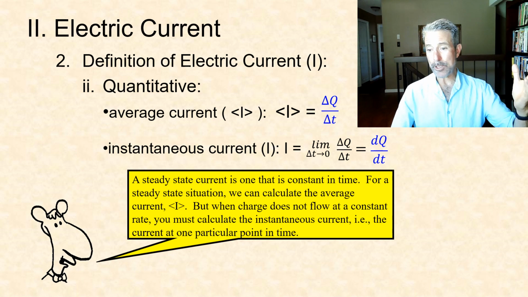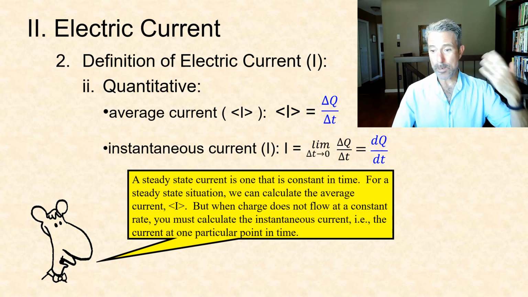So, for example, in the case of a falling body near the surface of the Earth, we said the acceleration was always a constant 9.8 meters per second squared, in which case for the entire motion problem, we would consider average acceleration and instantaneous acceleration to be the same, since it was always a constant.